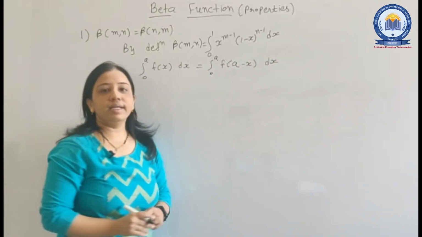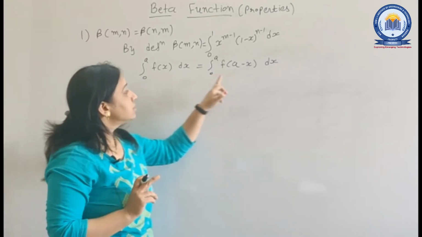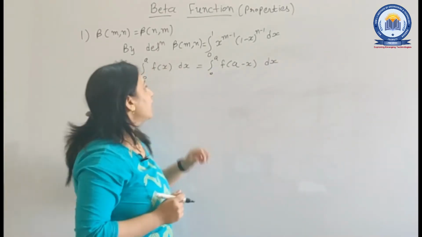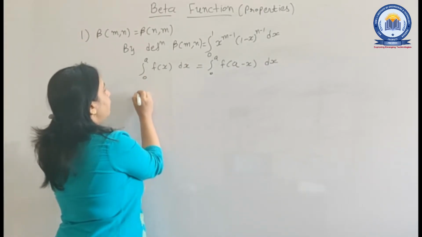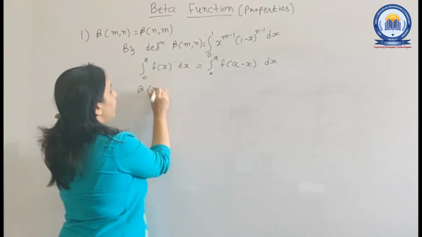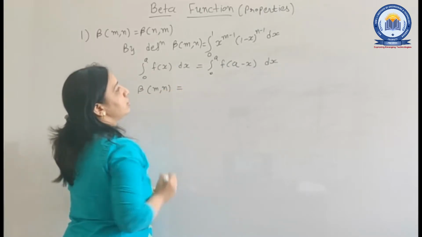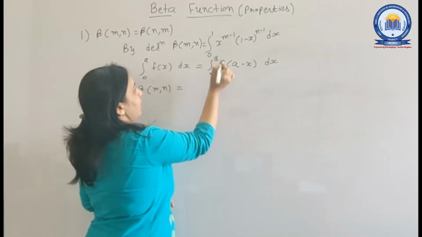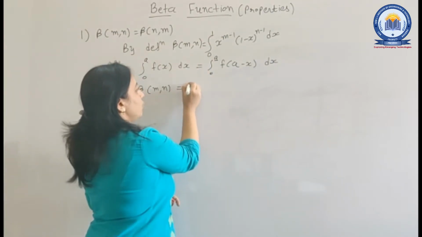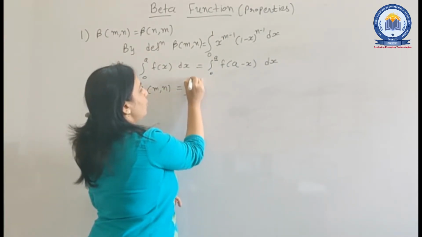That means both are the same, so we can apply that in our function. So we can write beta(m,n) equal to integration 0 to 1. Here a is 1.